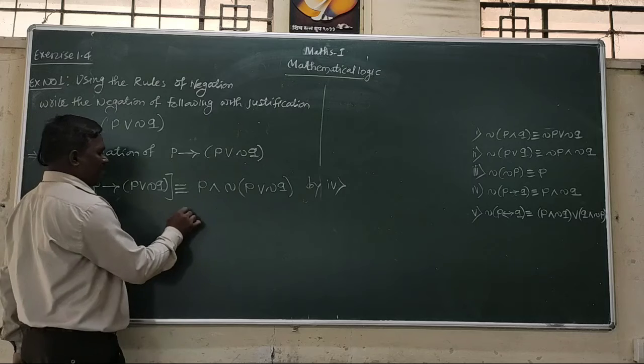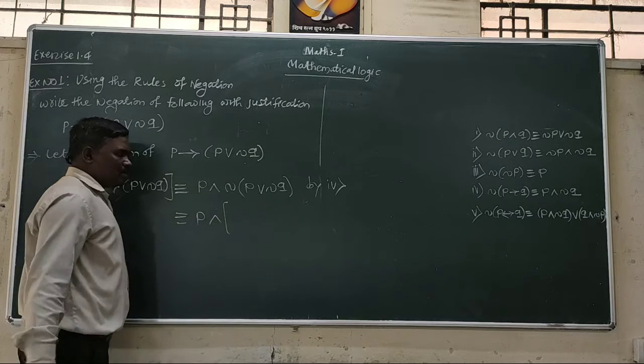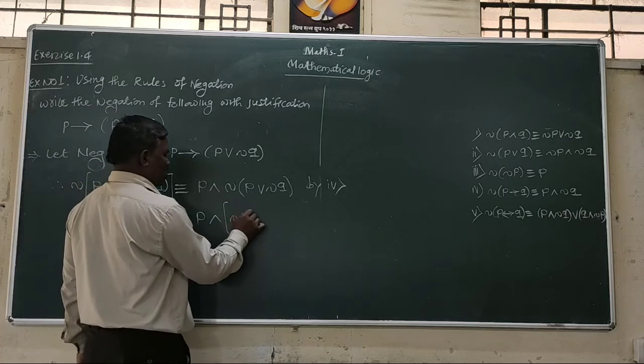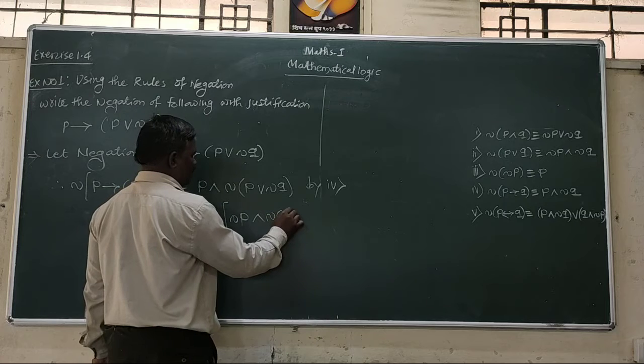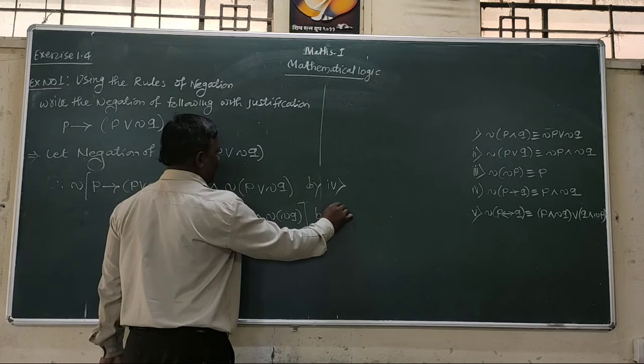Which is also equivalent to p conjunction in bracket, we can again use the rule of negation of disjunction, that is negation of p conjunction negation of negation q, by rule number second.